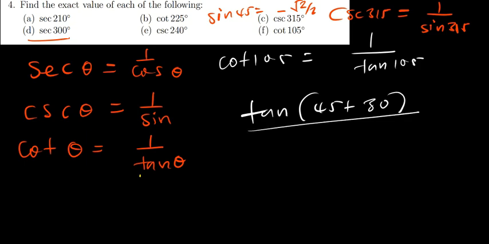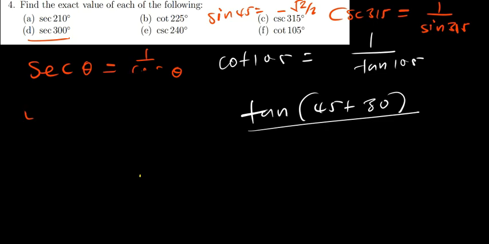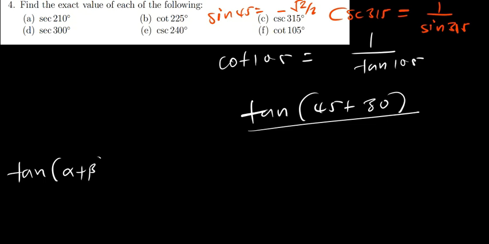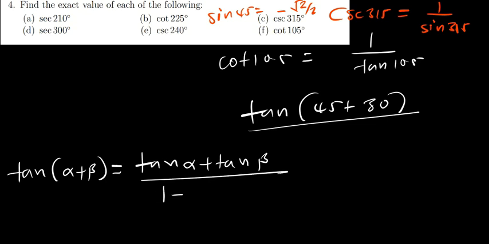Now, finding this is going to require us to use the sum formula. If I have tan of alpha plus beta, this is given by tan alpha plus tan beta divided by 1 minus tan alpha times tan beta.